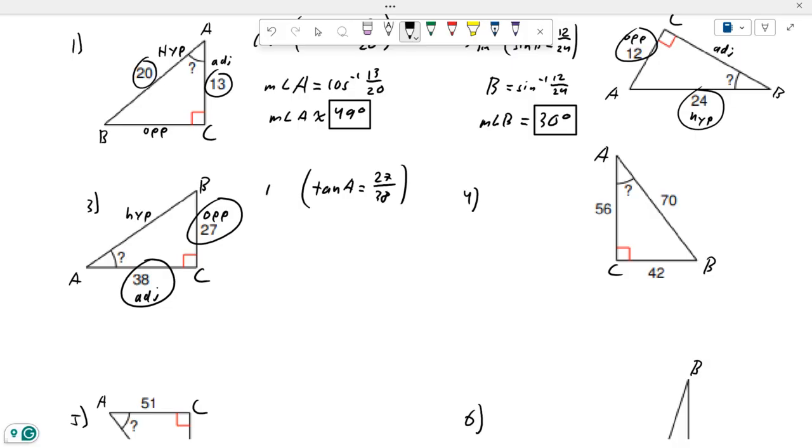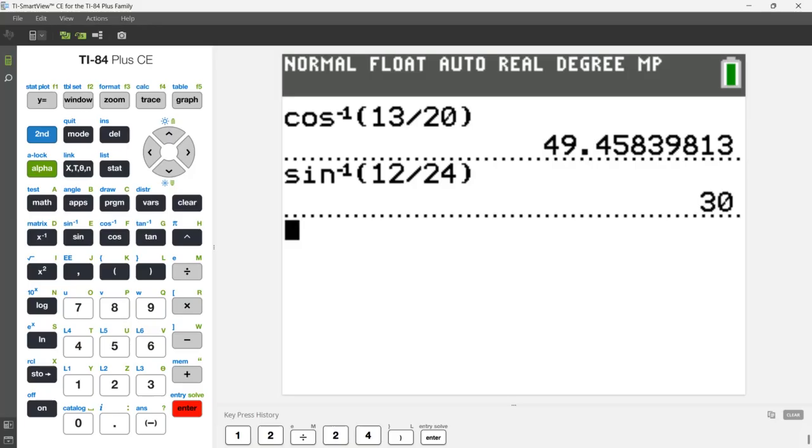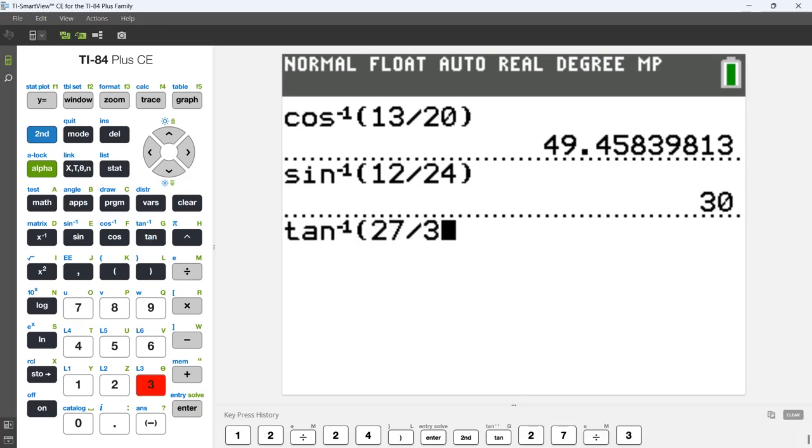I want to get A by itself, so I undo tangent, and I undo tangent by doing tangent inverse, or the inverse of tangent. On the left, they cancel, and I'm left with A equals. On the right, it's the tangent inverse of 27 over 38. I don't know what that is, so let's figure it out. 27 over 38, tangent. So I want second tan, 27 over 38.